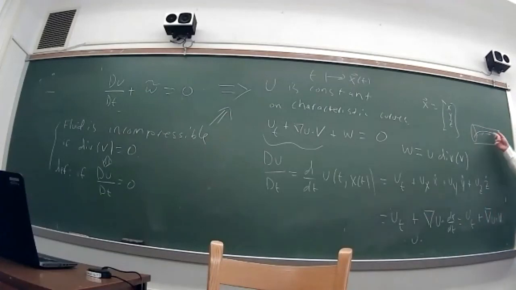And you're searching for a path whose tangent vector is equal to that velocity vector. Those are the characteristics. So it's just a curve. When you take the tangent vector along the curve, you get the velocity. Yes, there's one for each initial condition. And incompressible is saying that the mass density doesn't change as you're flowing along.